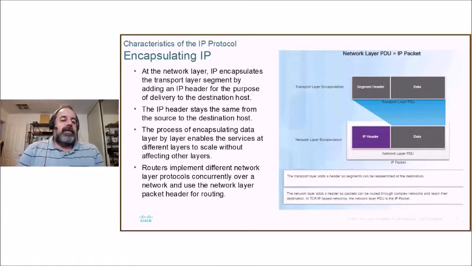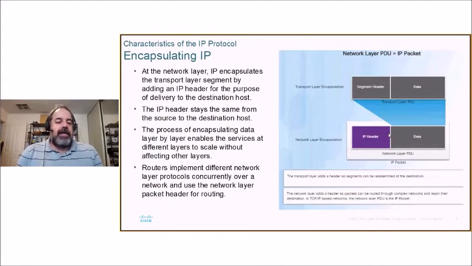So how do we encapsulate at the IP layer? We have a piece of data with a TCP segment header, and that is all treated as data for the IP header, for the IP packet. The IP header itself has source and destination IP addresses, as well as other control information, and away you roll.